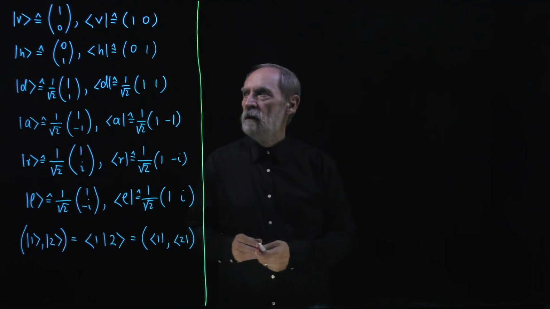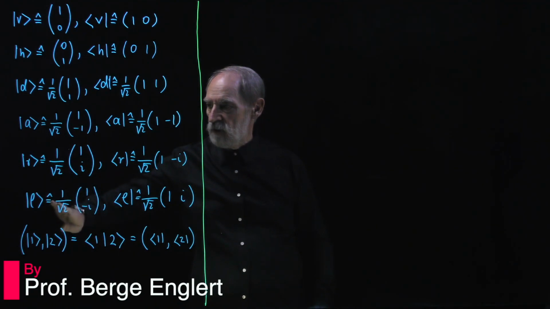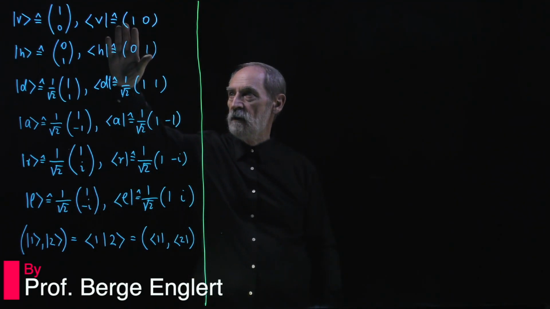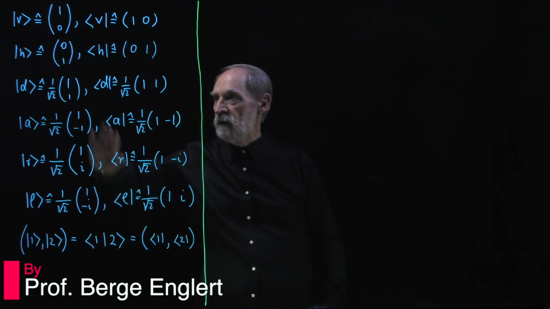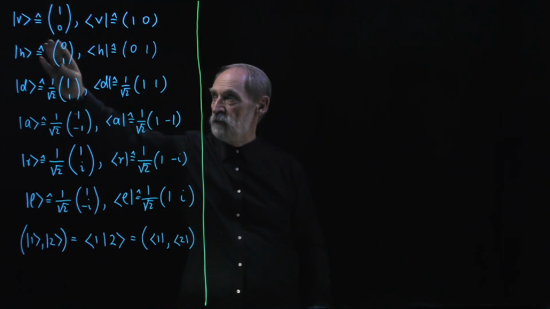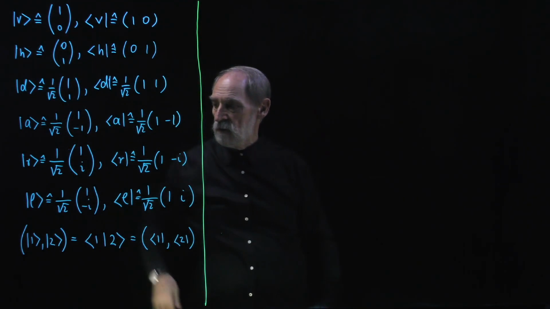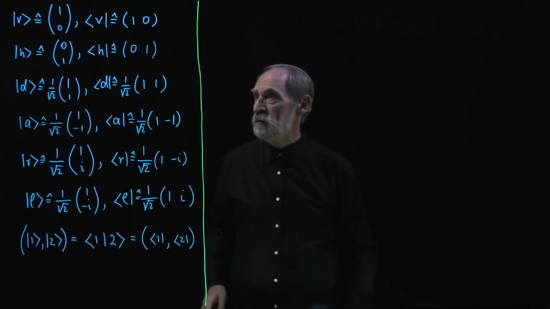So, we have the kets that we talked about earlier for the different polarizations, and now we have their adjoint bras, and the kets we represent by those columns, or all the columns refer to the basic polarizations of vertical and horizontal, and that's what these columns mean.